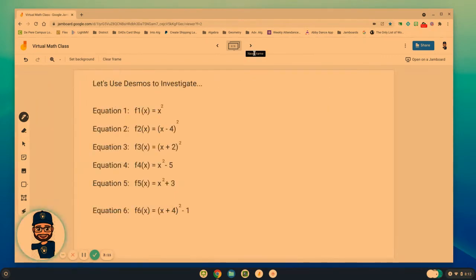Now, in order for us to really understand what's happening, we're going to use Desmos to graph 6 different functions, okay? And we're going to do it one at a time, just so that we can see what's happening with these different components. All right, so I want you to pay close attention as we do this.